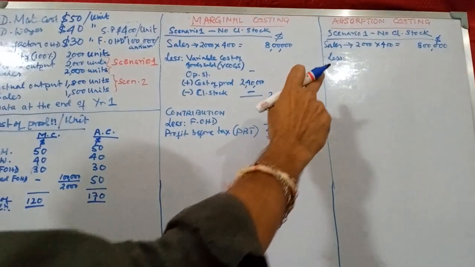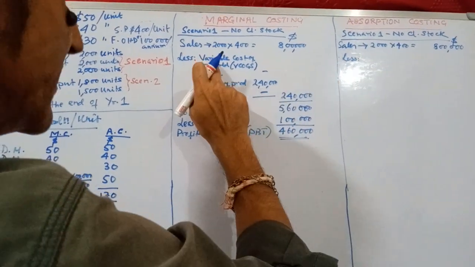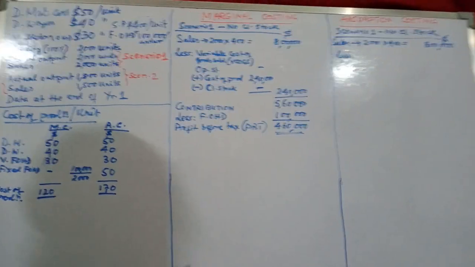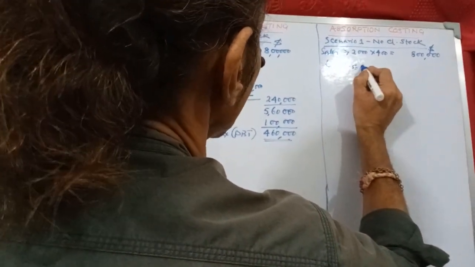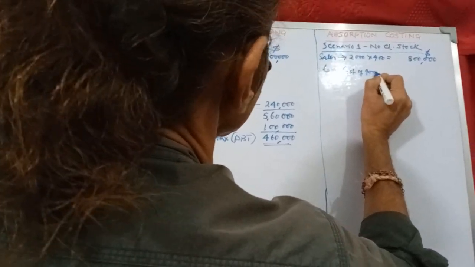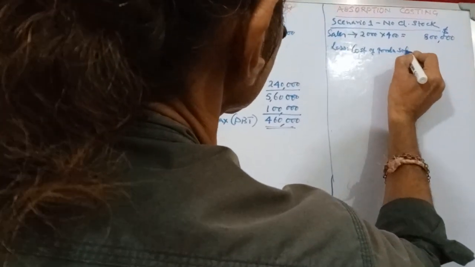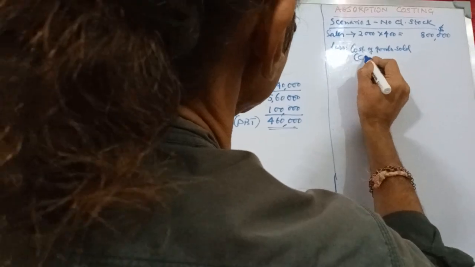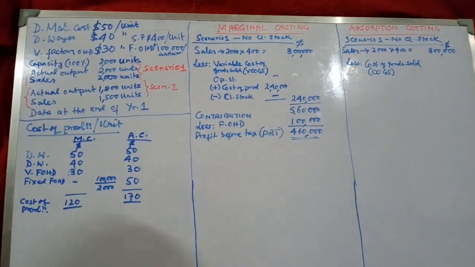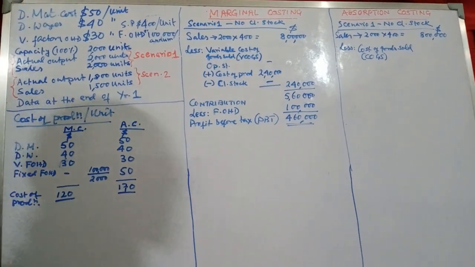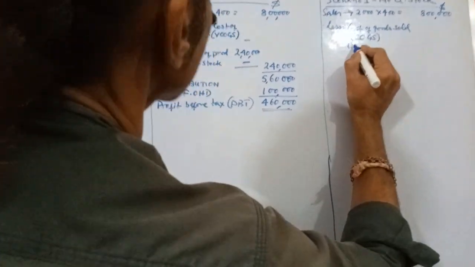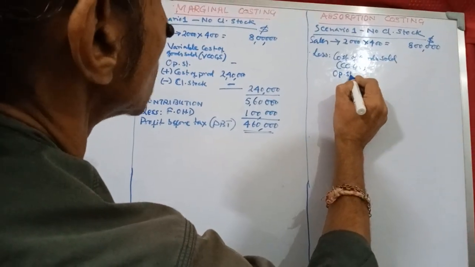Here we are not writing variable cost of goods sold. We shall write only cost of goods sold, COGS. Again, opening stock.